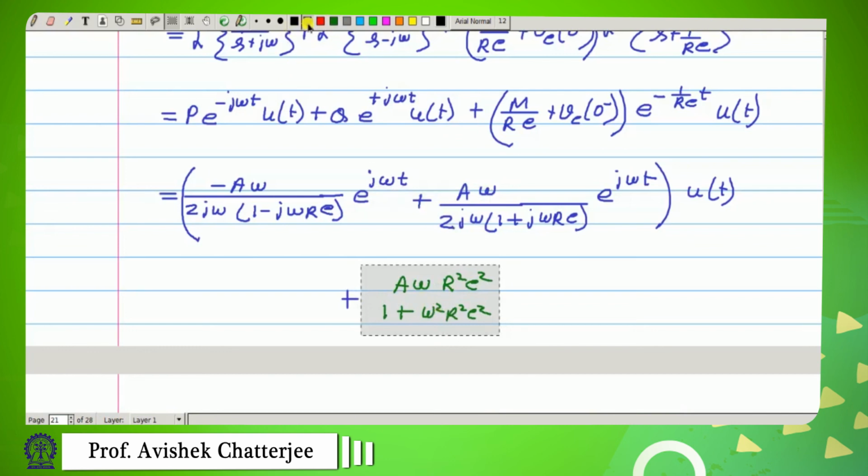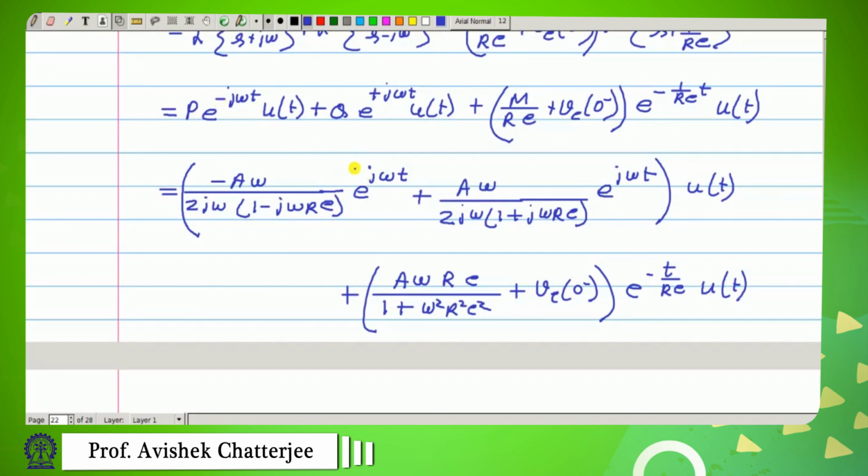Okay, this is m, then divided by rc. So let me just erase these squares, plus vc 0 minus whole multiplied with e to the power minus t by rc, then ut.